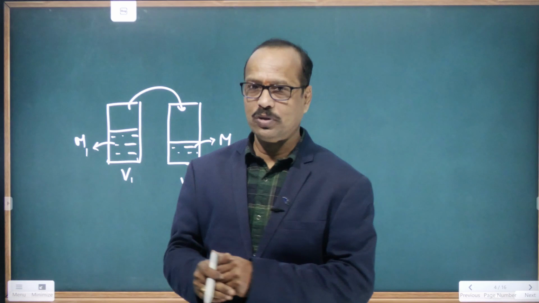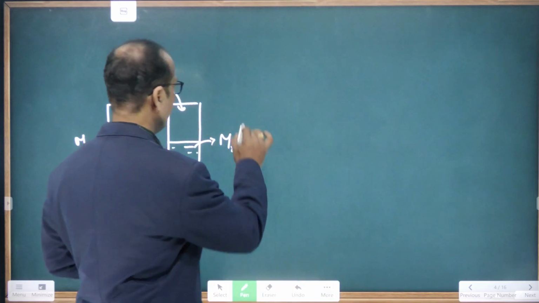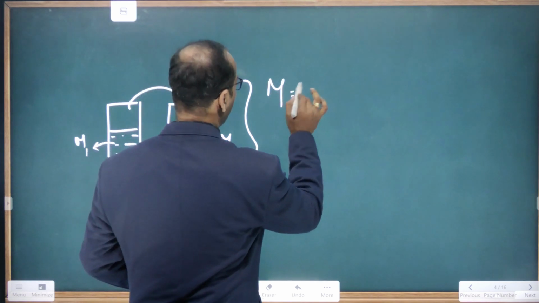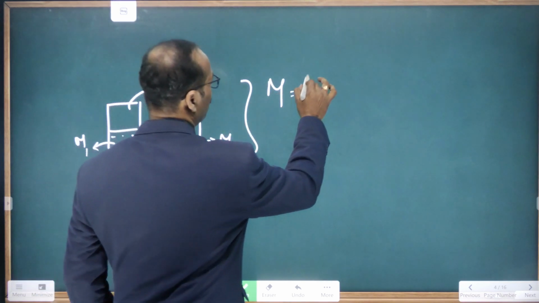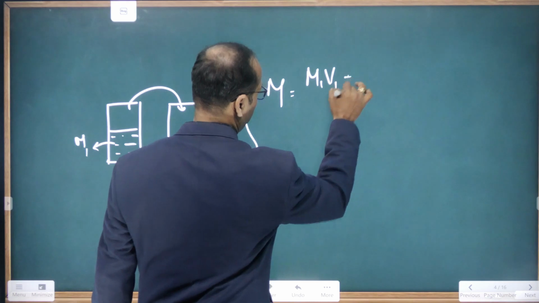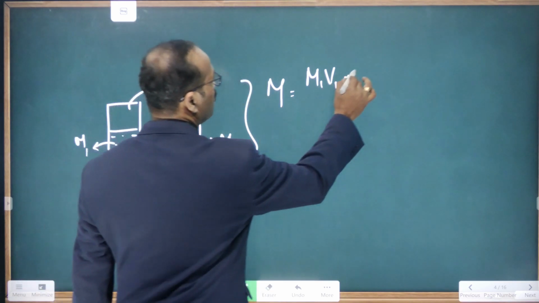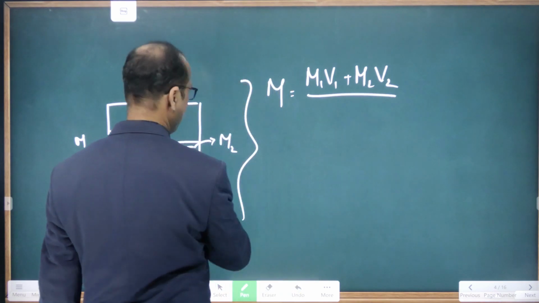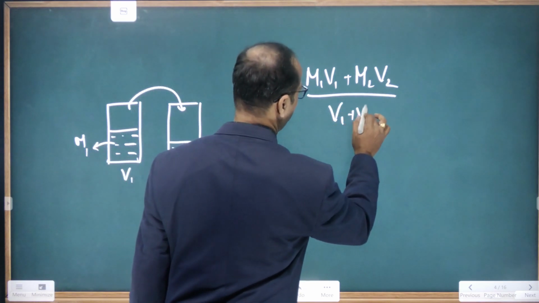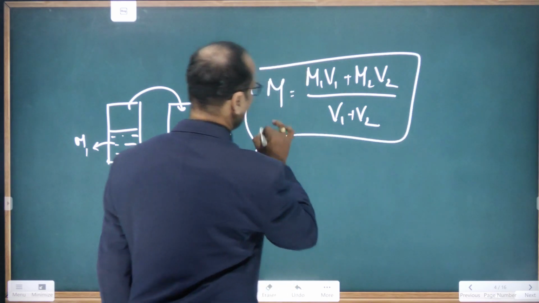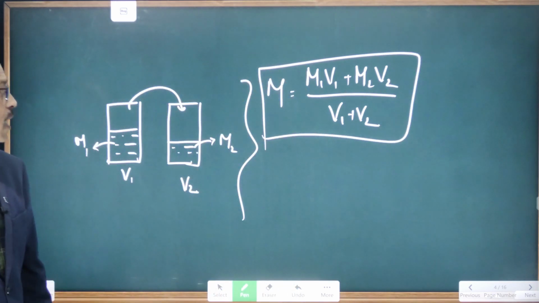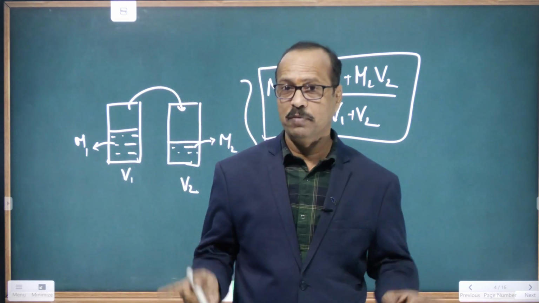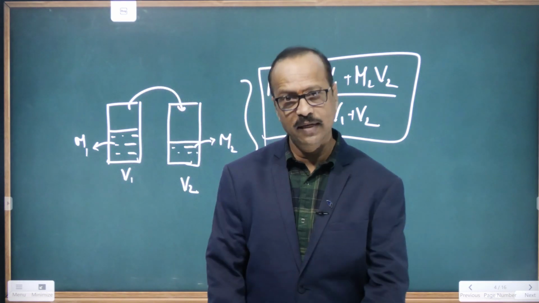When I mix both solutions together, the resultant molarity is equal to M1V1 plus M2V2, divided by V1 plus V2, since the total volume is V1 plus V2. So this is one more formula to find the molarity of two solutions which are made up of the same solute. Clear?